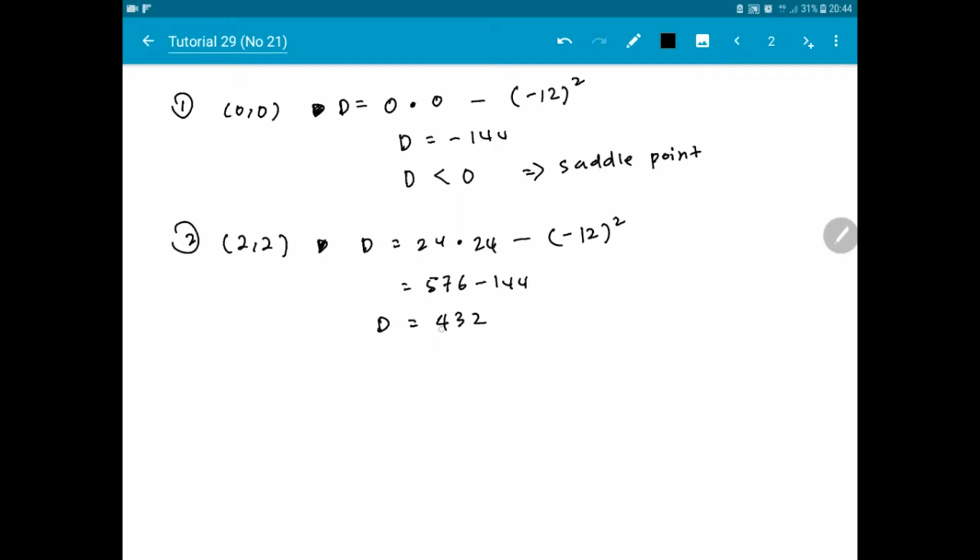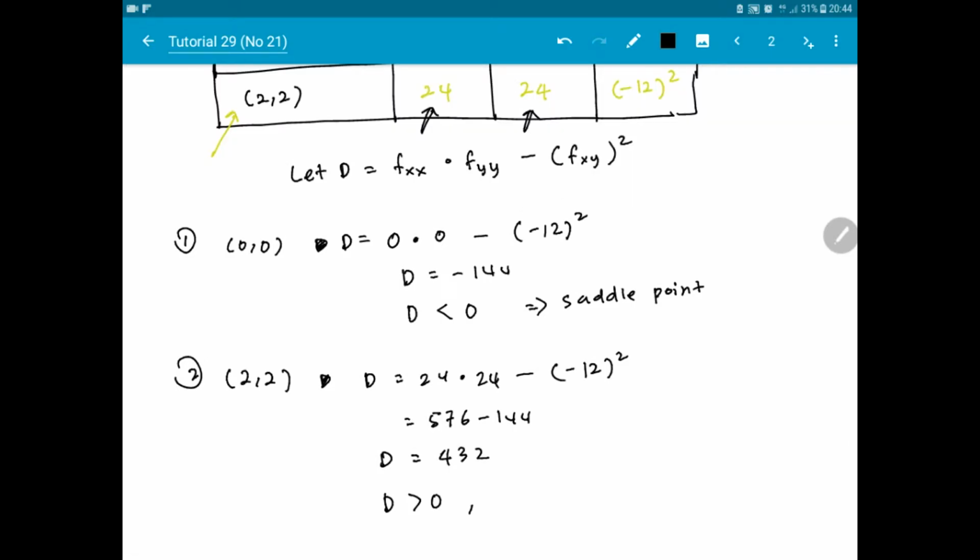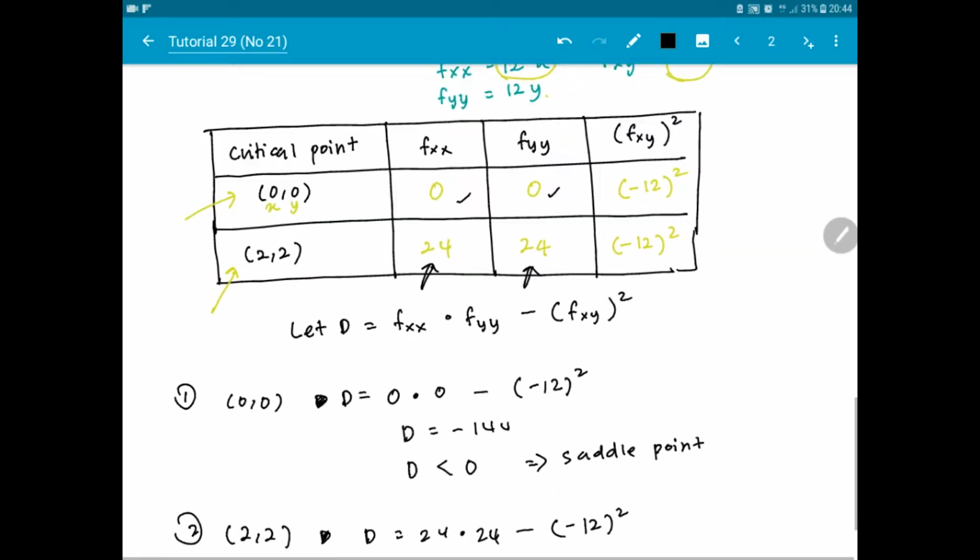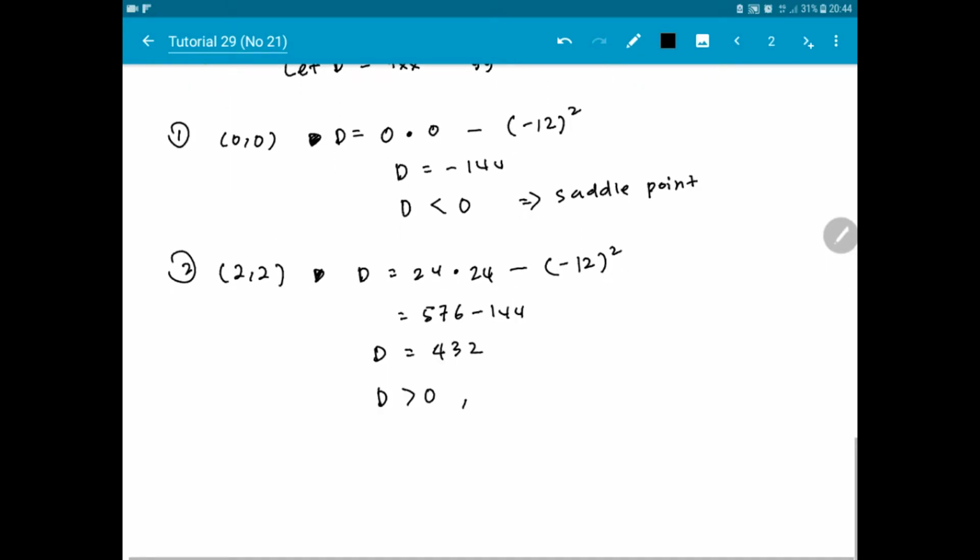So D equals 432. We know that D is greater than 0, and for this point fxx equals 24. Fxx equals 24, which is greater than 0, so we know that it is a minimum point.